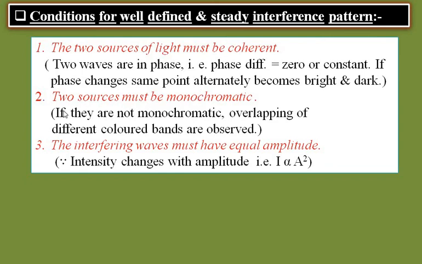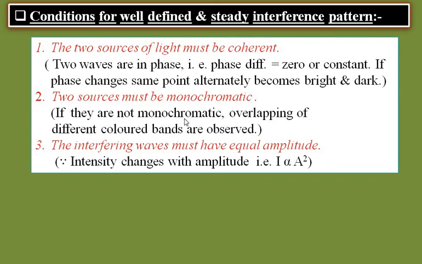The second condition is that the two sources must be monochromatic. Here mono means one and chromo means wavelength, so the two sources must have only one wavelength. If they are not monochromatic, overlapping of different color bands is observed.